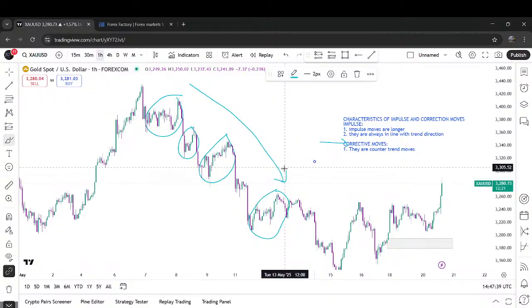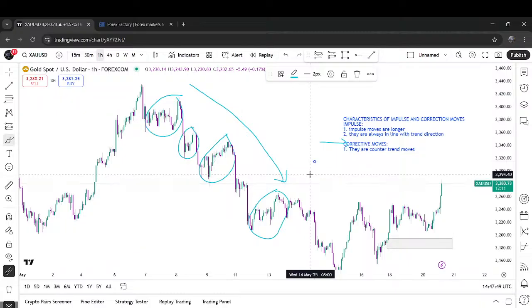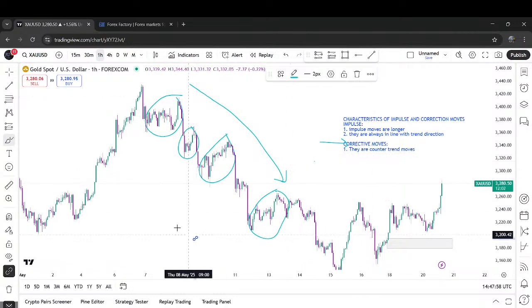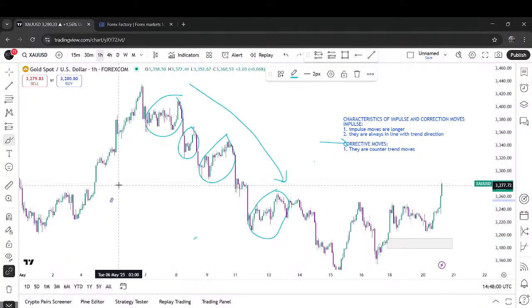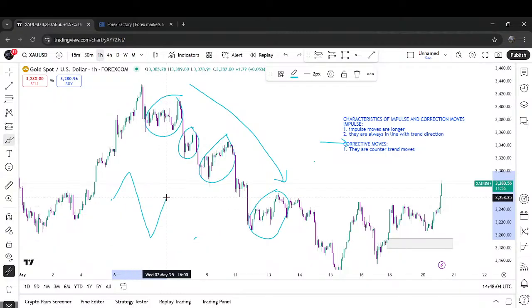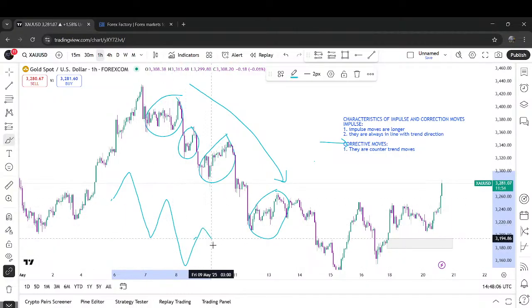My business with us today is to show what makes a particular corrective move accurate, how to accurately judge a corrective move, that is to say, how to accurately point out a pullback. And there is a reason for that. As an SMC trader, you don't want to just start marking structure: lower high, lower low, lower high, lower low.